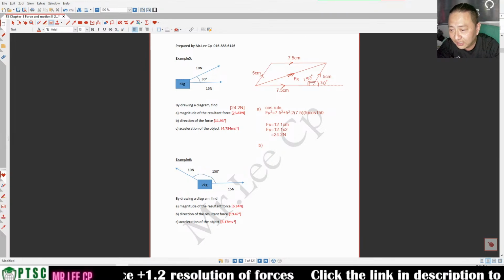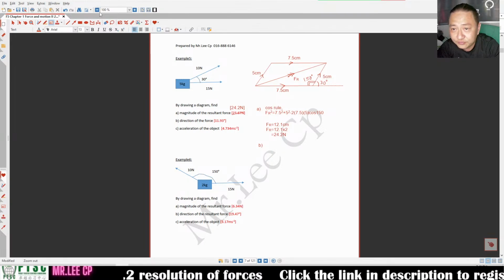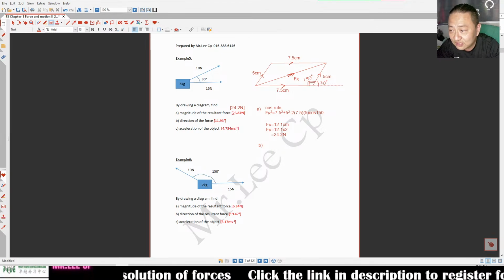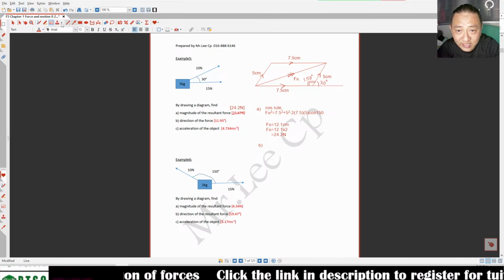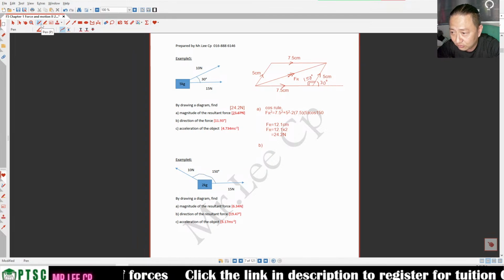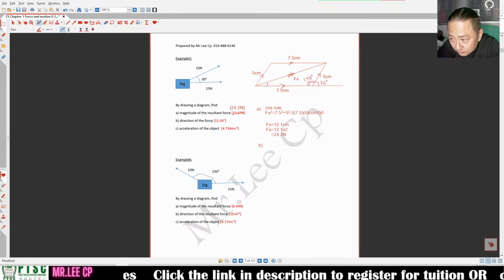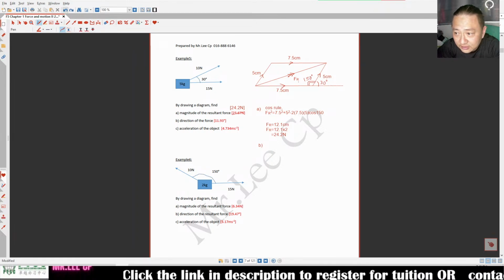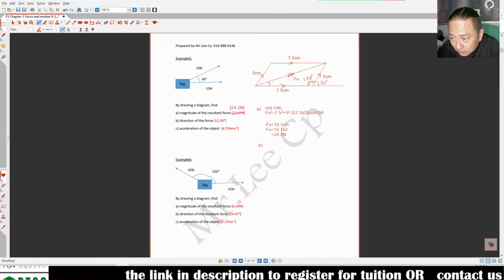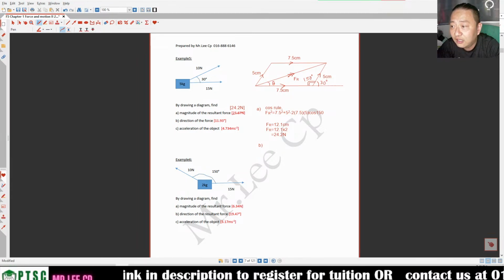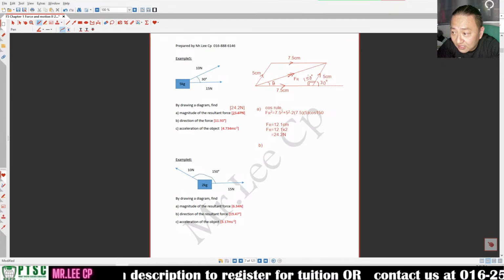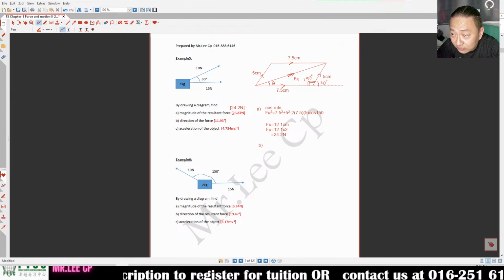Now we are going to use the sine rule. I am going to label this one as theta. This is theta.